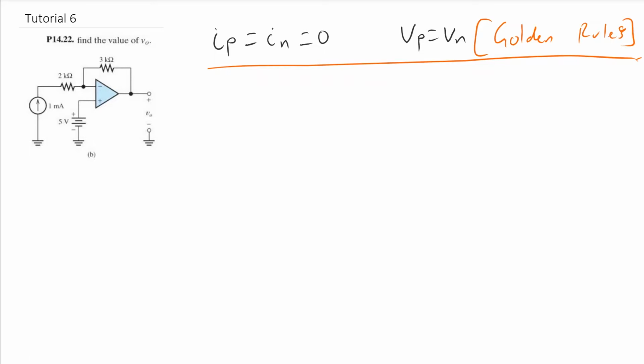So what I'm going to do is draw this circuit here again a bit bigger, and we'll make some notes on it and we can find our output voltage.